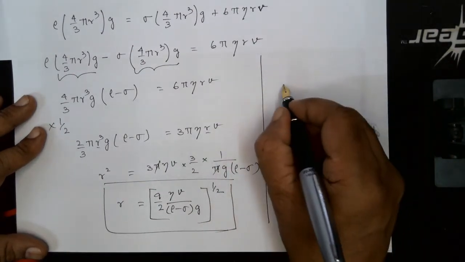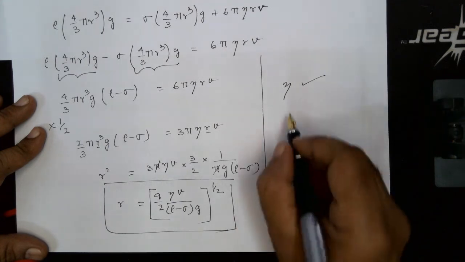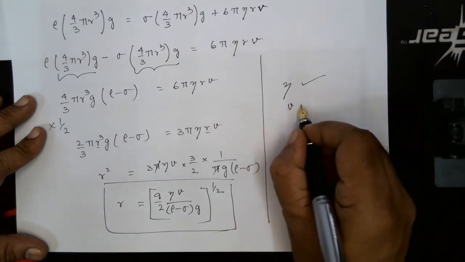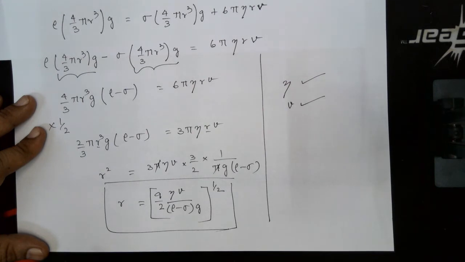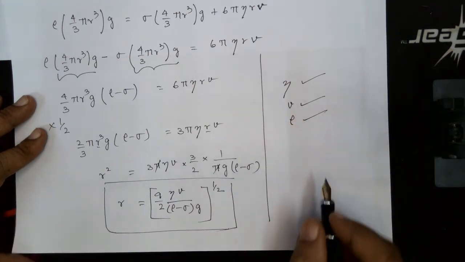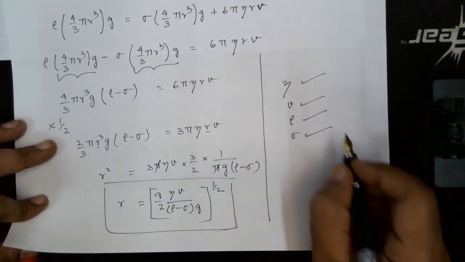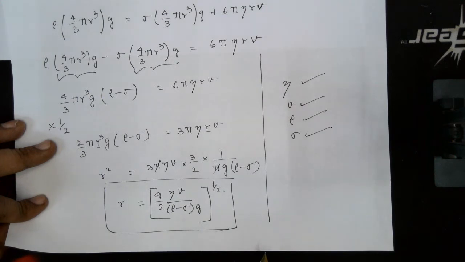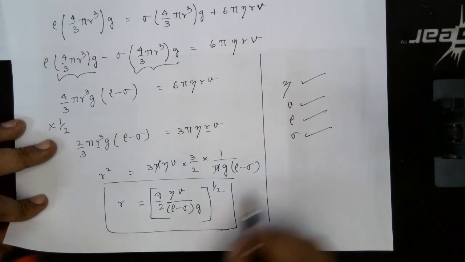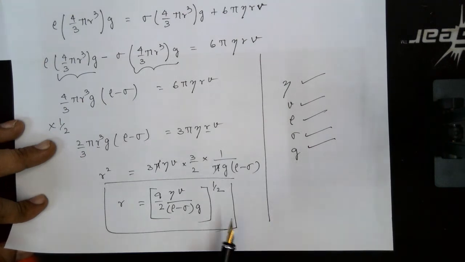Now eta is the viscosity coefficient, that is a constant. Terminal velocity is the experimental value, that is also a constant, and rho is what? The density of oil. Sigma is the density of air. Acceleration due to gravity is g.